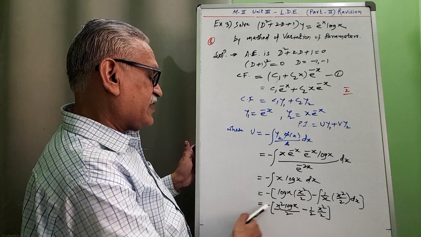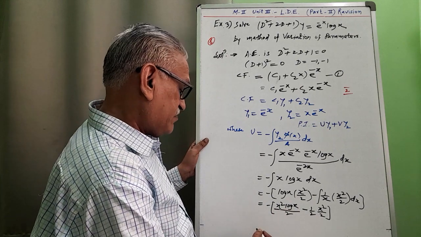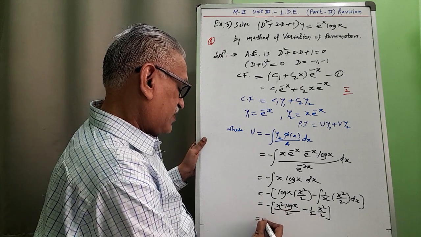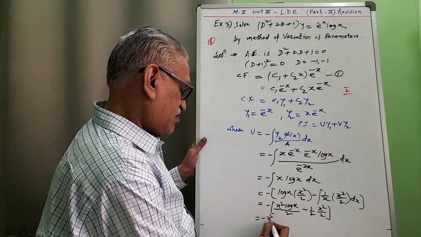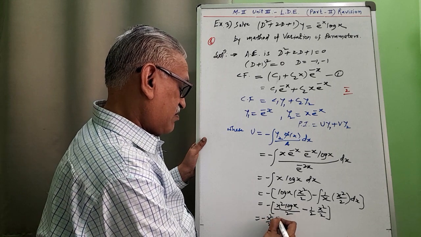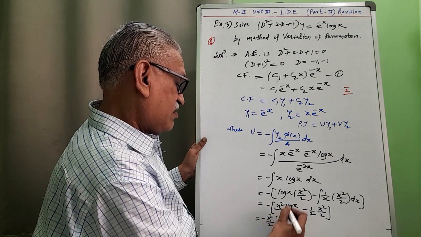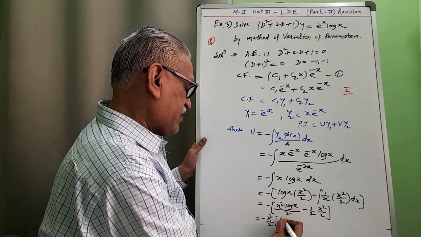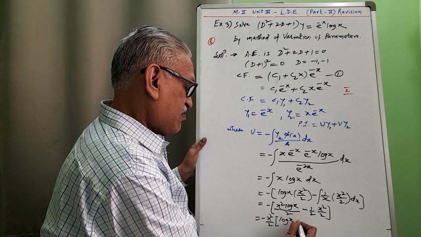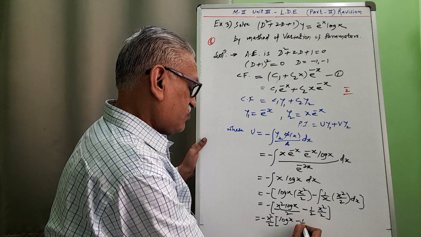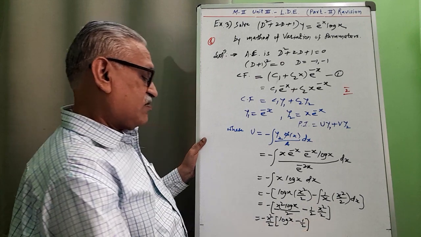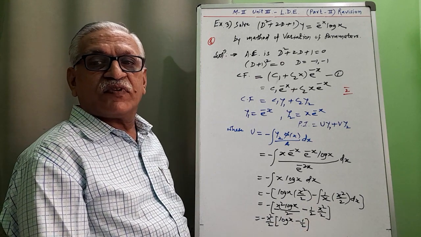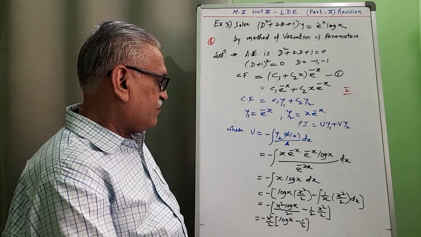From these two terms I can take x square by 2 common. Remaining is log x minus 1 by 2. Value of u.